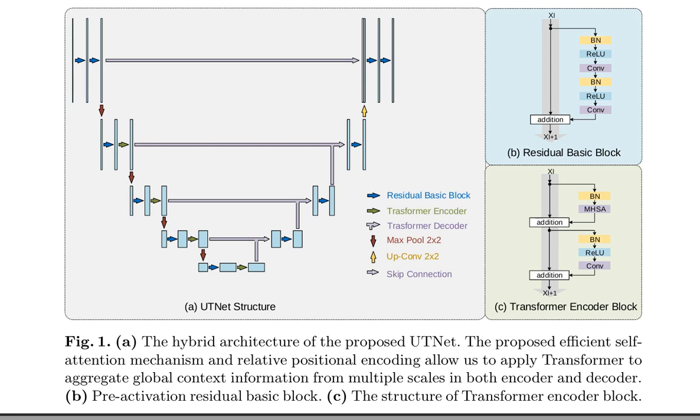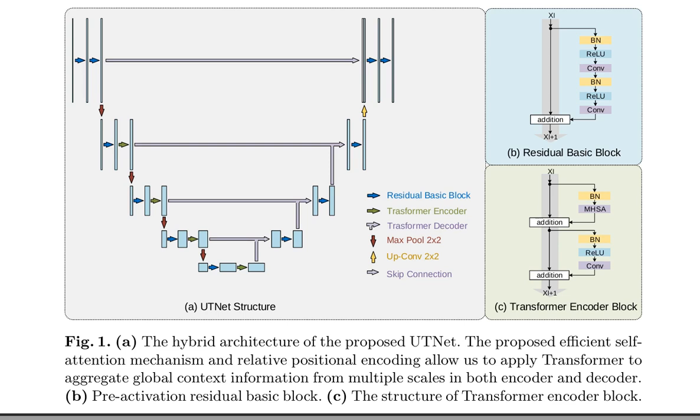And importantly, the study showed that both the transformer encoder and decoder, along with that relative positional encoding we discussed, all played a crucial role in UTNet's impressive results. It's like a well-coordinated team where each player contributes to the overall win. Exactly. It really shows how carefully the researchers designed UTNet and how each piece of the puzzle contributes to its success.